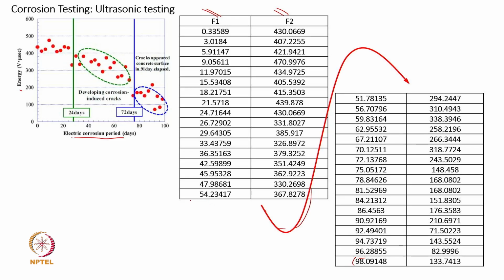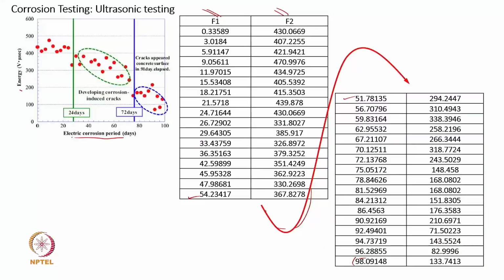We say 54.23, after that 51.78, and of course, these data are not available to us. So, what we did, we digitized the data. We try to extract the data from a graph itself, whatever the values are given, and this is what I was mentioning. From existing literature we can get the results, we can digitize, we can get the data, and then we can use PCA to understand how to improve the system.